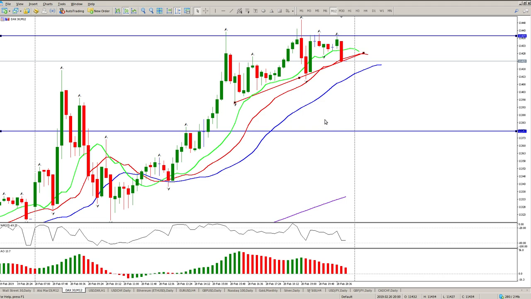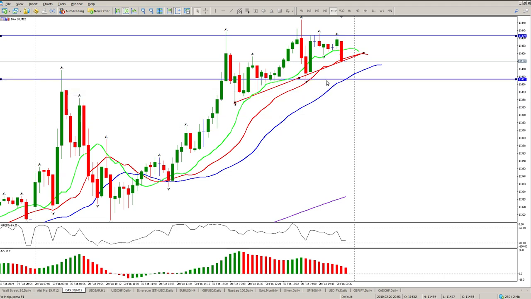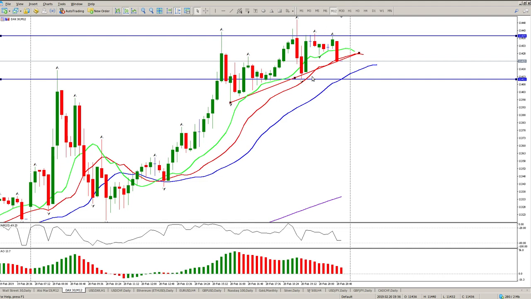Okay, now the levels you need to pay attention to right now are these two fractal levels here. If we break below 11,410, you're looking for downside, back down into these previous swing highs, these fractals here. There's one there, one there, one there.